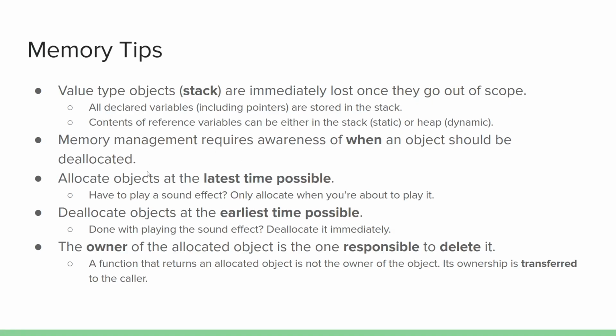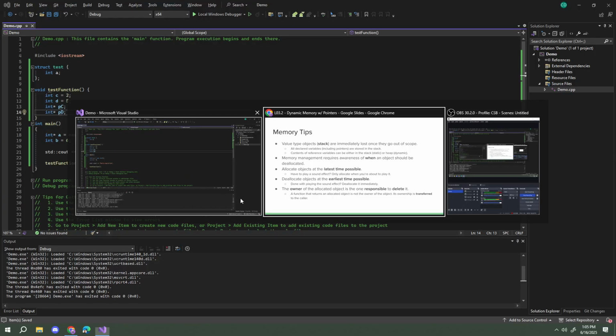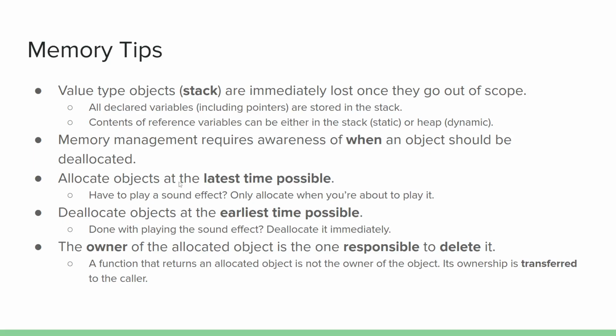So don't create it right away. Try to do it at the latest time possible, whenever you need it. And same thing, when you want to deallocate objects, you do it at the earliest time possible. So if you're done using a pointer and you don't need it anymore, go ahead and deallocate it right away.